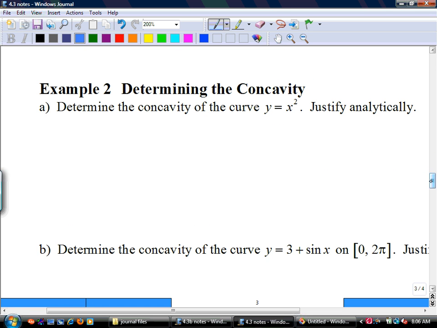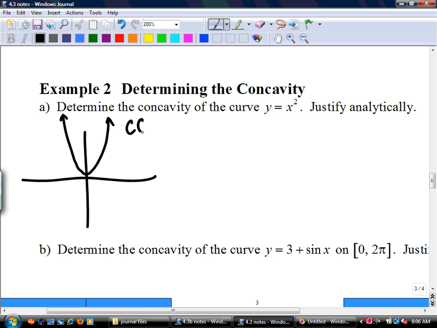Determining the concavity of the curve. Okay, everybody draw y equals x squared. Make your math 10 and 11 teacher happy. What is the concavity? Concave up.